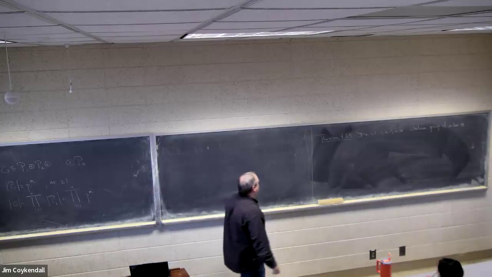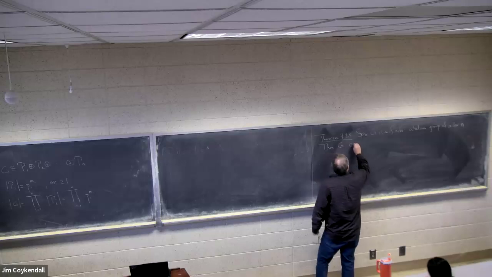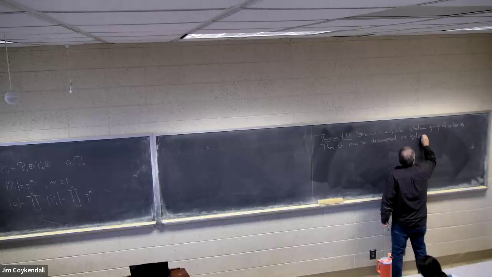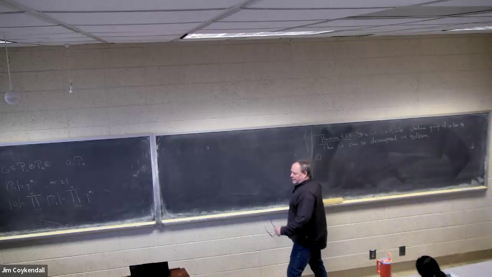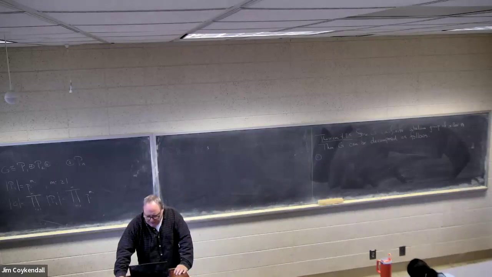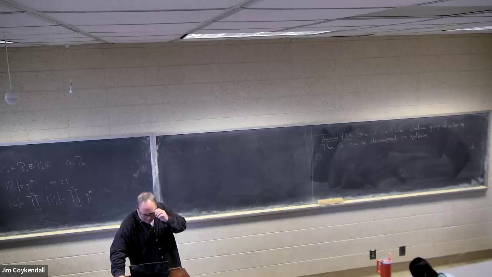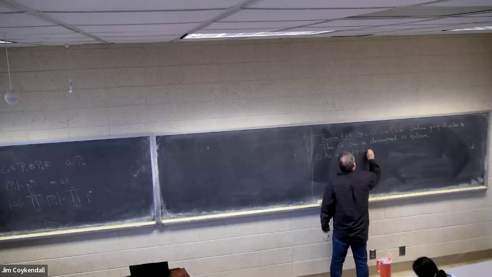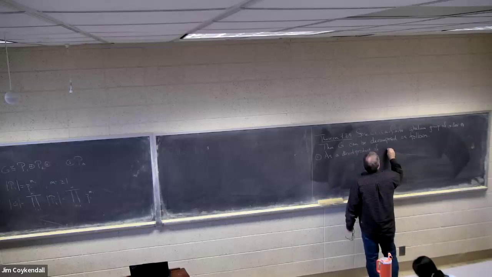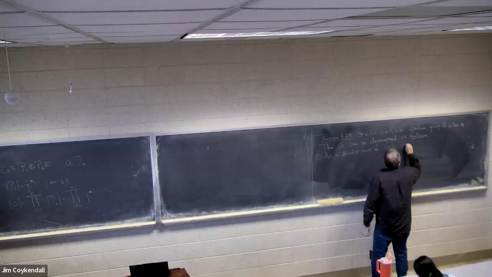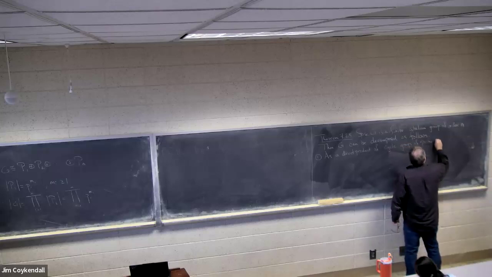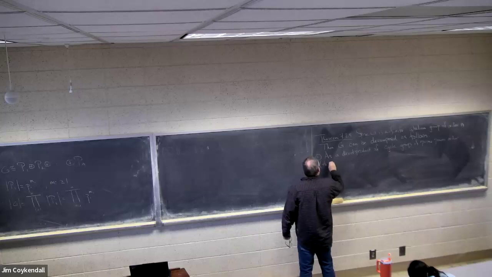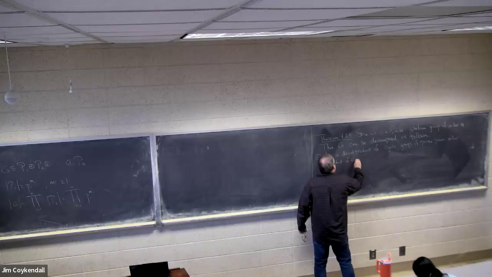I'm going to give you two ways to break it down. Number one, and this first one is called the elementary divisor decomposition: G as a direct product of cyclic groups of prime power order, where the product of these orders is n.